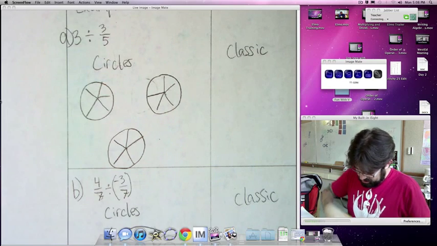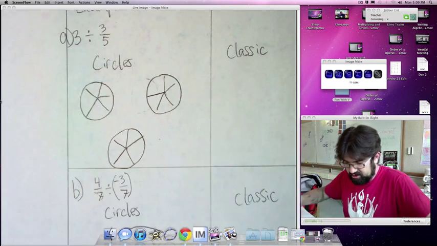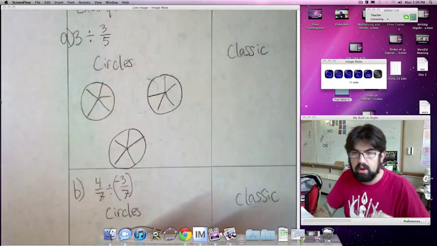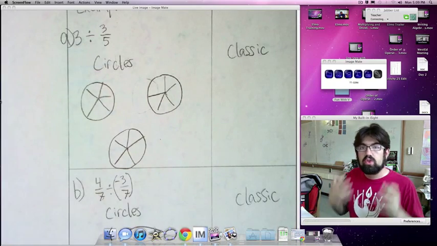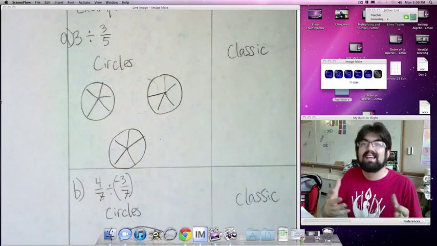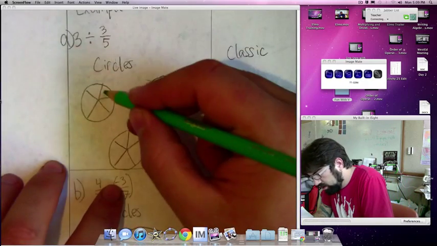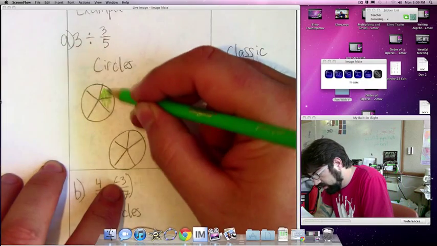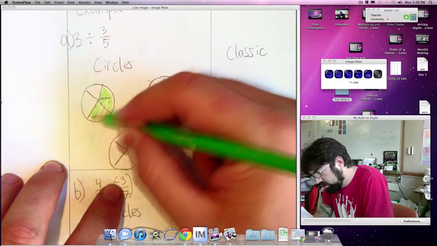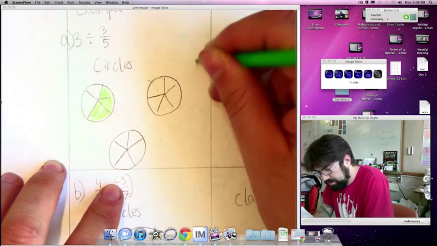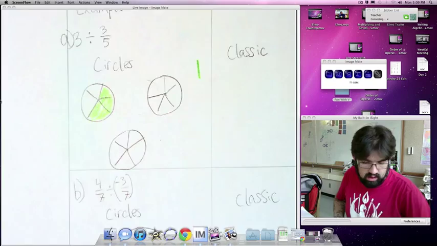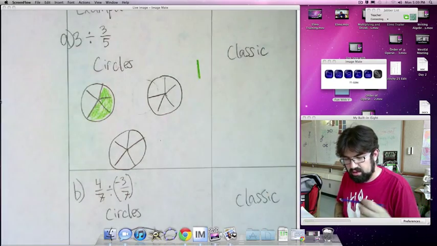I'm going to take a few different color pencils out, and I'm going to see how many different colors I can use. Well, I want to see how many groups of 3/5 I can create. So I've got one set right here. So that's one. Let's use this one.